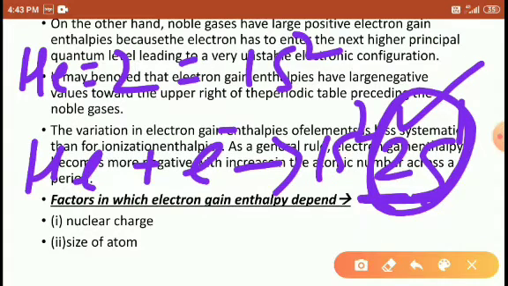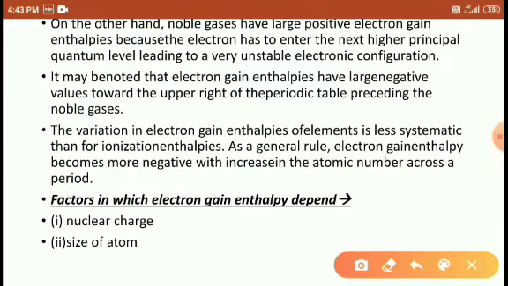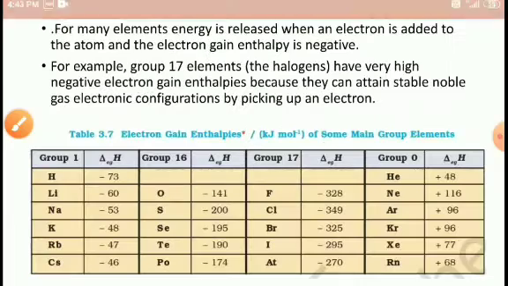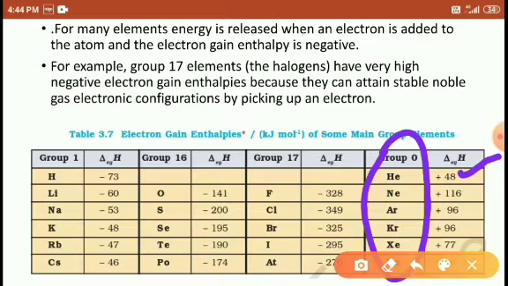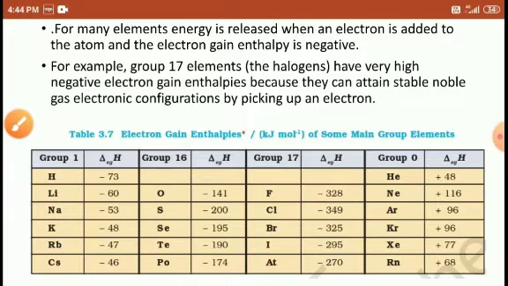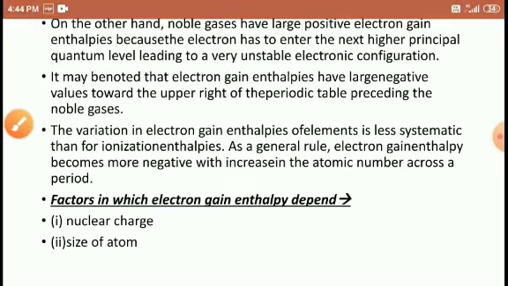The electron is shifted into a higher energy level. So it does not need any energy to stabilize itself, because noble gases are already stable. They need very little energy in positive form because the electron shifts into the next higher energy level.